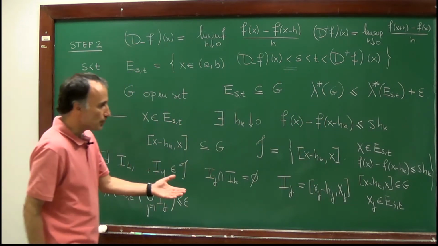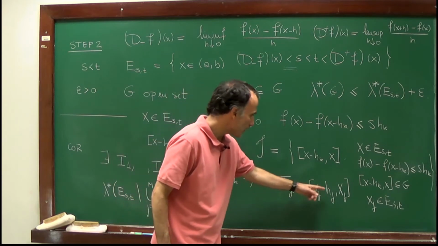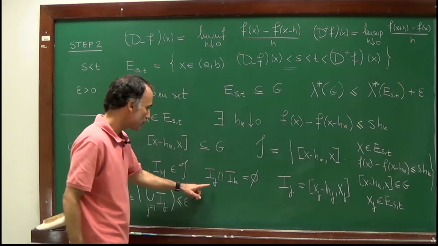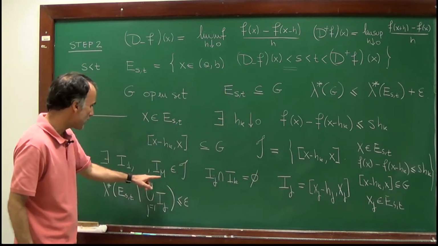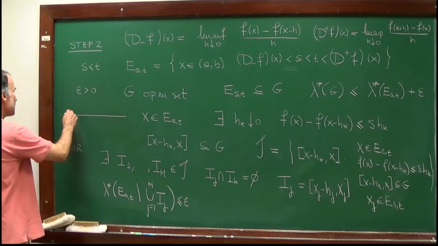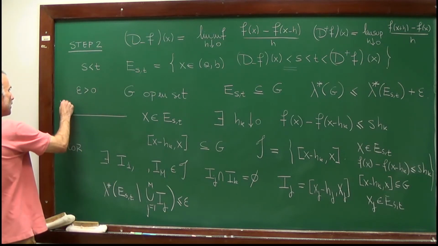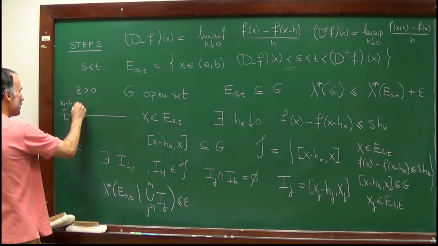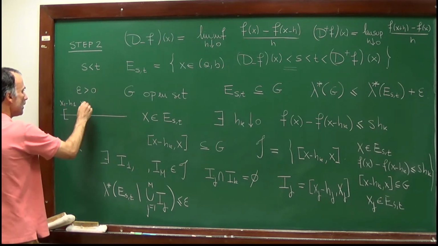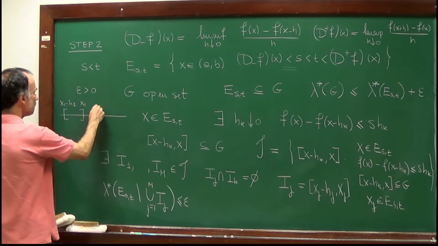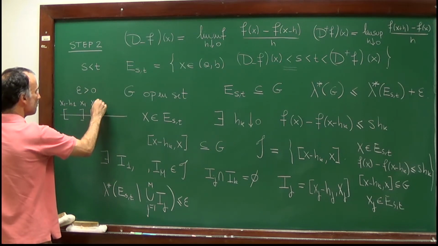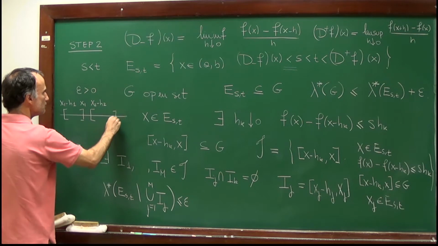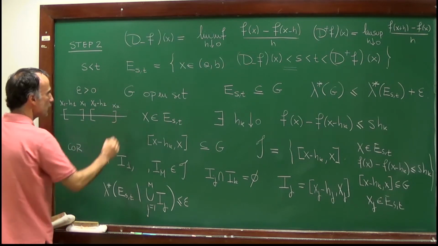Let me assume that when I write these intervals I1 up to Im, they are ordered, in the sense that I have x1 minus h1, x1, and that x1 is smaller than x2 minus h2, x2, and so on, till the last one.